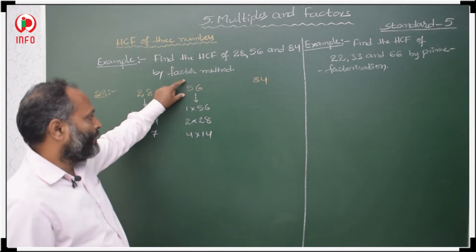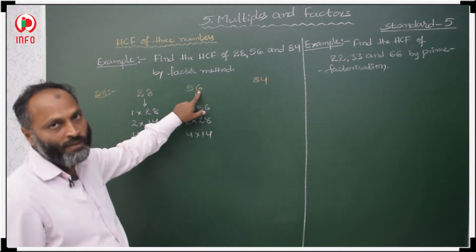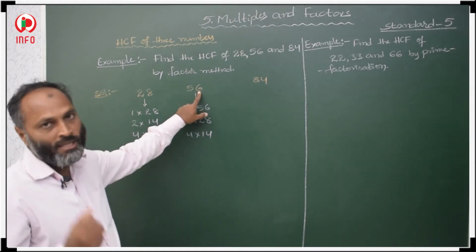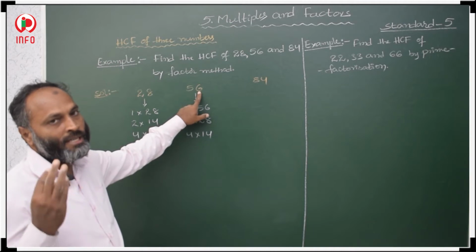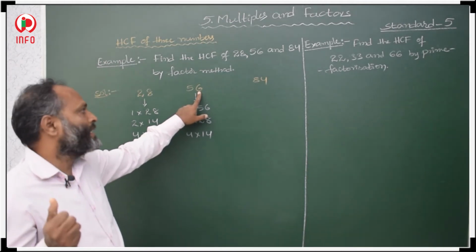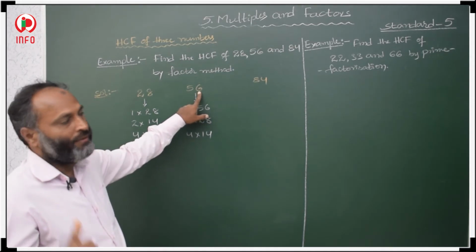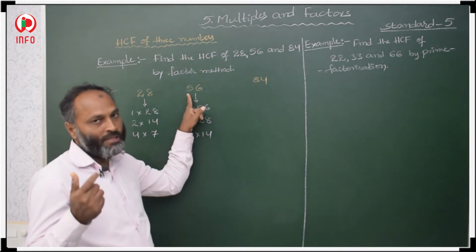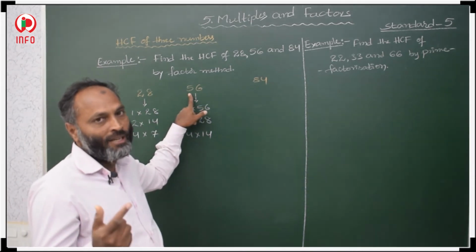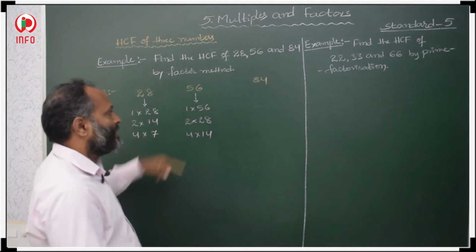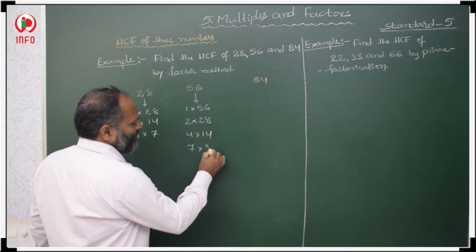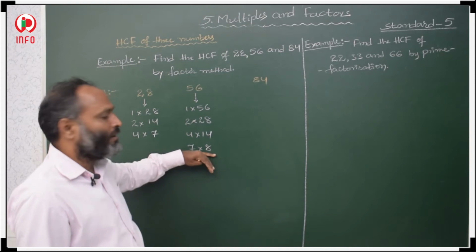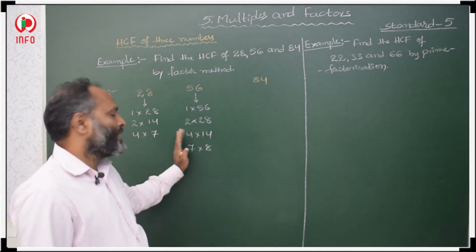Next, in the 5 table it won't divide. Why? In the ones place 6 is there, so it is not divisible by 5. 6 5s are 30, 6 6s are 36, 6 7s are 42, 6 8s are 48, 6 9s are 54. Here 56 is not there, so go for the 7 table. 7 5s are 35, 7 6s are 42, 7 7s are 49, 7 8s are 56. Now in the 8 table, 8 7s are 56.